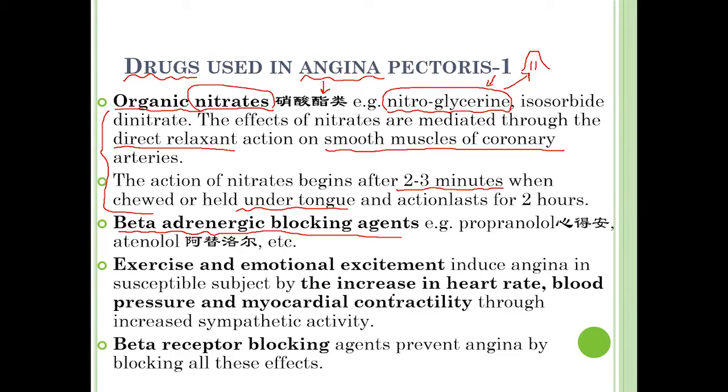And something that may trigger angina also needs to be careful.